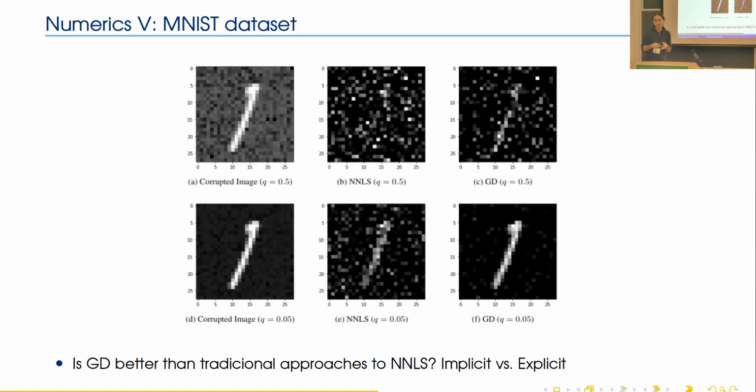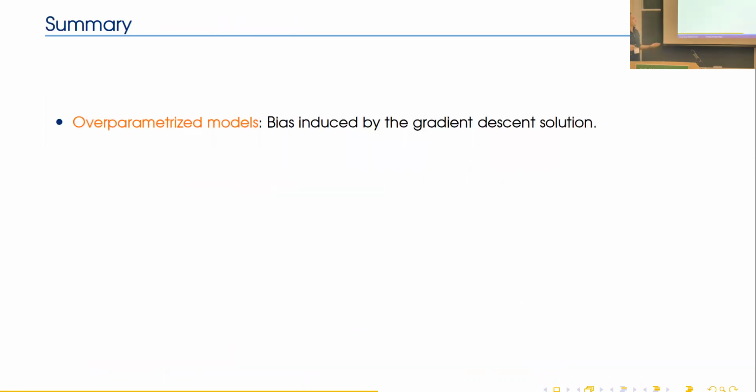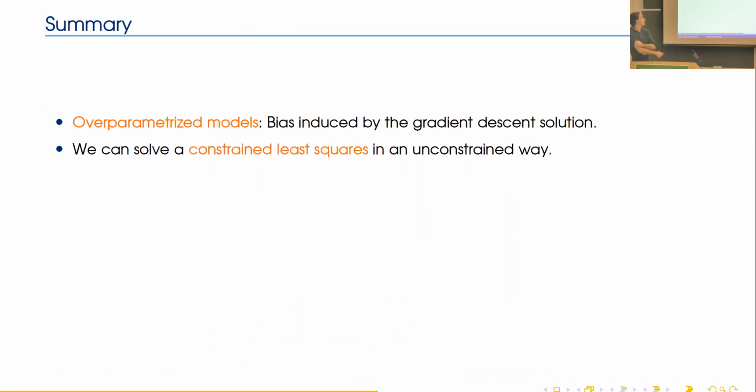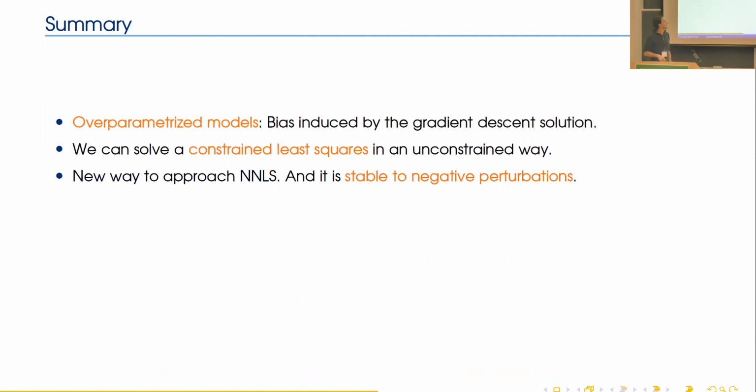This is still work in progress. The paper will come in a few days, but I would say that's a summary of my talk. Overparametrized methods are cool, and you have this bias induced by gradient descent. Somehow, magically, we can solve a constrained least squares problem in an unconstrained way.